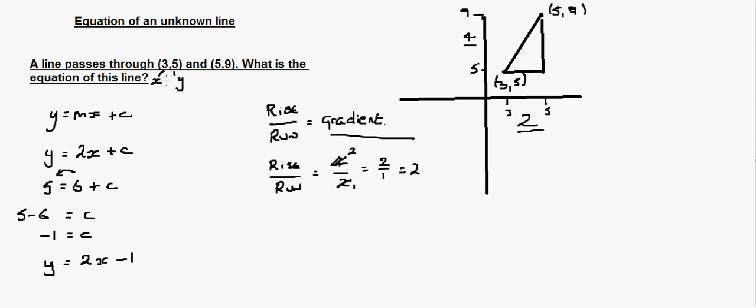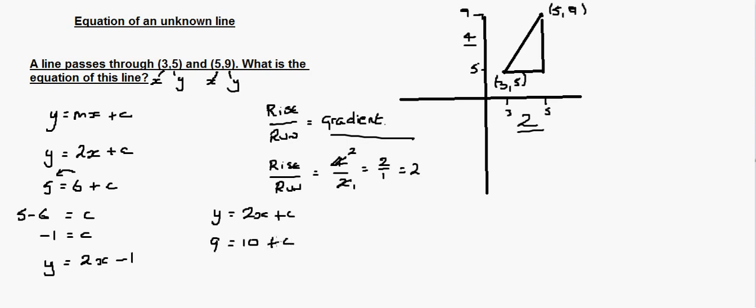Now just to prove it doesn't matter which value you choose, supposing I took this one, so this is my x value, and remember this is my y value, I've got y equals 2x plus c, and I've taken this coordinate. So here, if y is 9, then I can put 9 equals, now x is 5, so 2x would be 10 plus c.